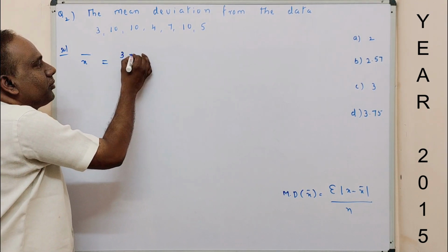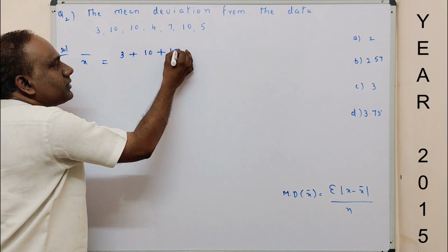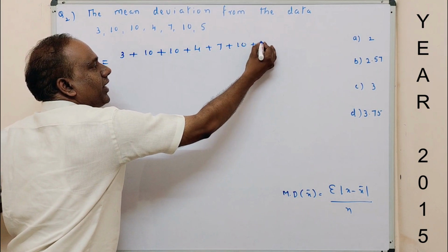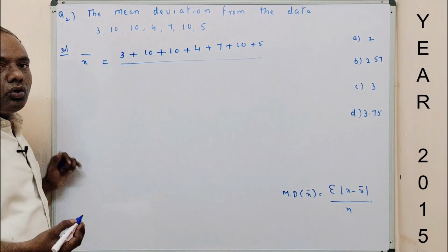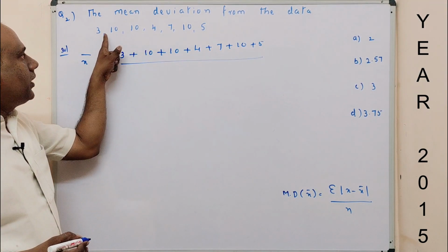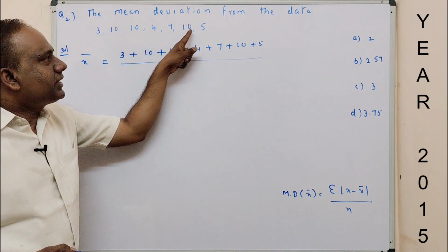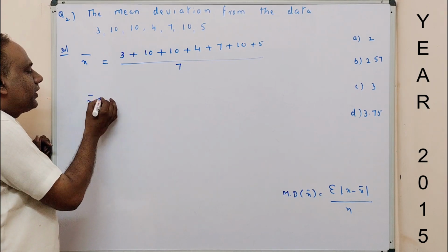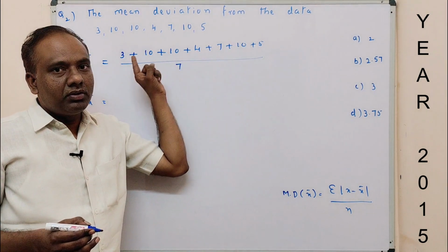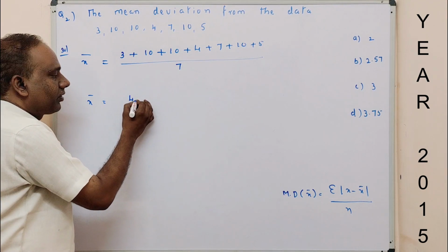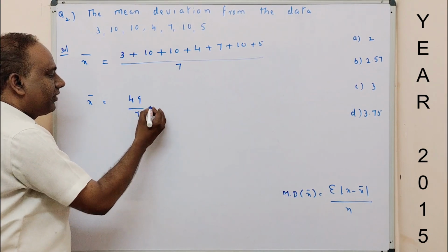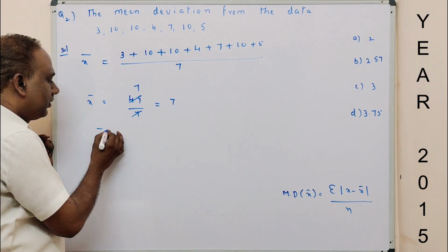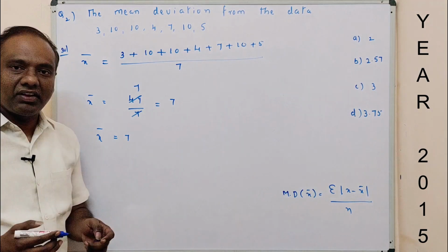That means 3 plus 10 plus 10 plus 4 plus 7 plus 10 plus 5, divided by the total number of observations, 1, 2, 3, 4, 5, 6, 7. So total 7. The total sum is 49 by 7. So 7 1s are 7, 7 7s are 49. That means the mean is equal to 7.